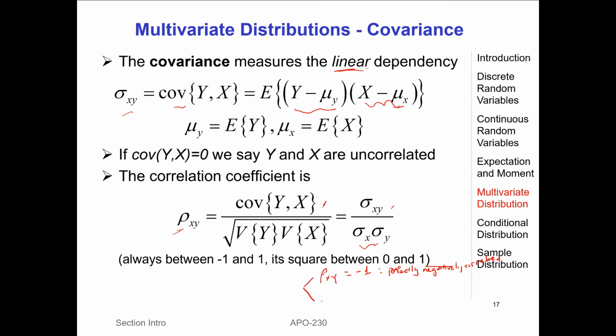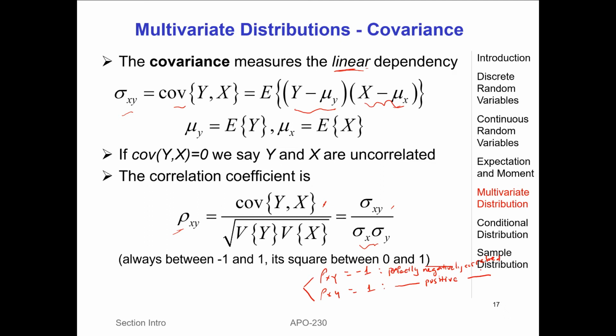Or if the correlation coefficient equals 1, then they are also perfectly, but positively, correlated. Now that you hear sometimes already, I think.